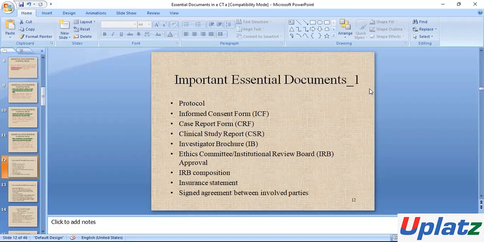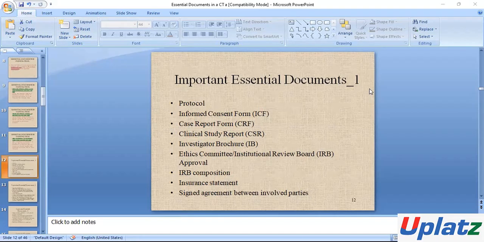Okay, next is the insurance statement. In clinical trials, insurance statements may be required to ensure that all parties involved in the trial, including sponsor, investigator, and the participants, are appropriately covered in case of any harm or injury that may occur during the study. Okay, the next is the signed agreement between involved parties.